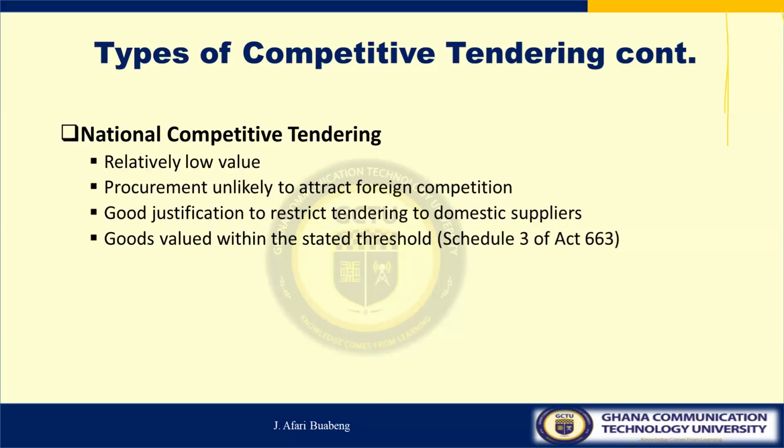Once the value is small, it will be unlikely to attract foreign competition, because these foreign companies are only interested in high value contracts. So less than 10 million, they will not even come.